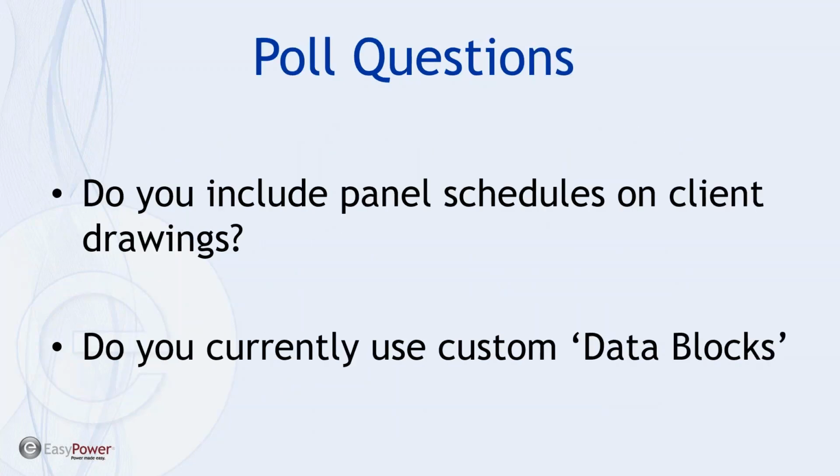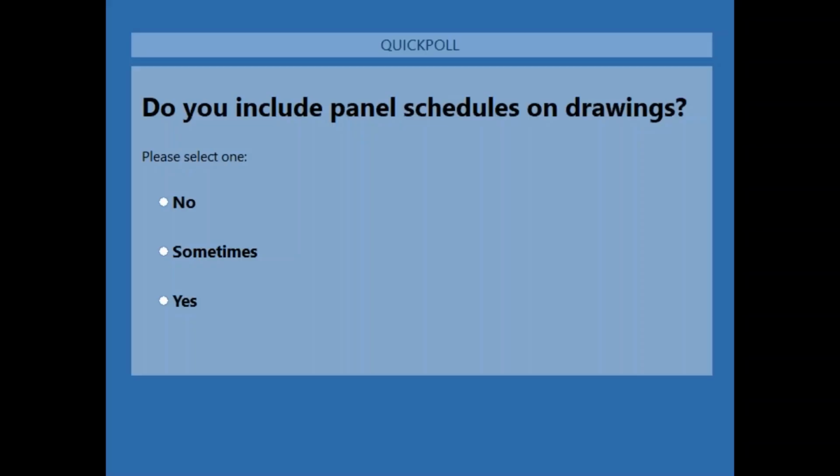First, as always, we like to start off with a couple poll questions, just to get some feedback from the audience. Obviously, there's no obligation. The first question is, do you include panel schedules on drawings you provide your customers? This is basically one of those workflow or deliverable discussions.